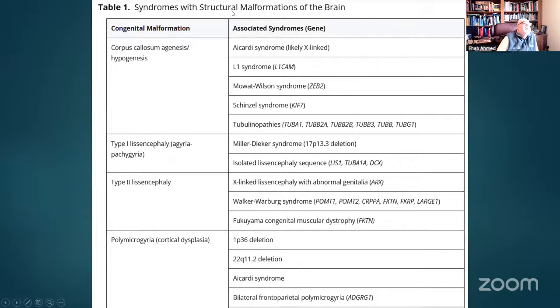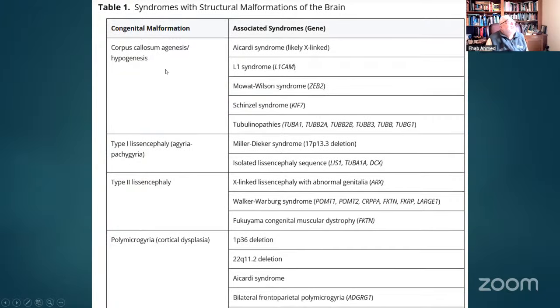Syndromes with structural malformation of the brain. We said each and every abnormality could be sporadic or syndromic. So we give you some of the syndromes, but because we are running out of time, I will not go into the details of any of these, I just mention names.